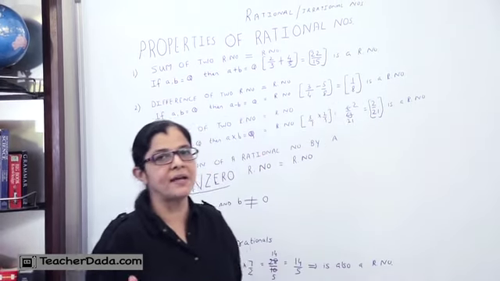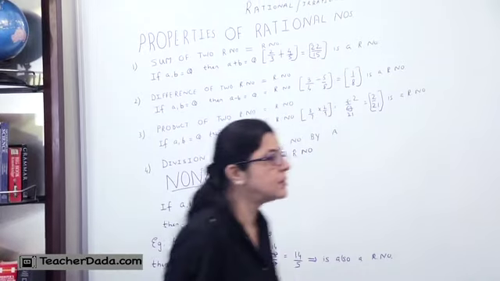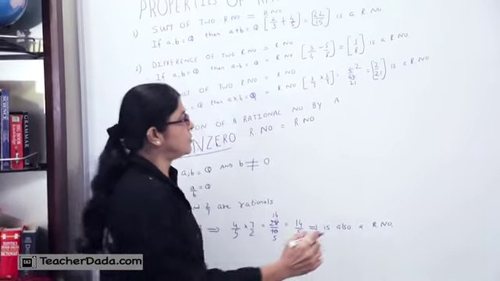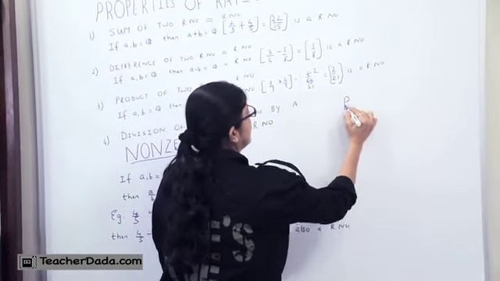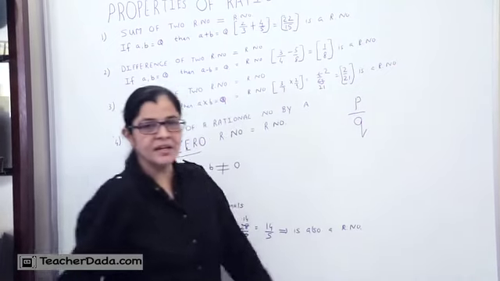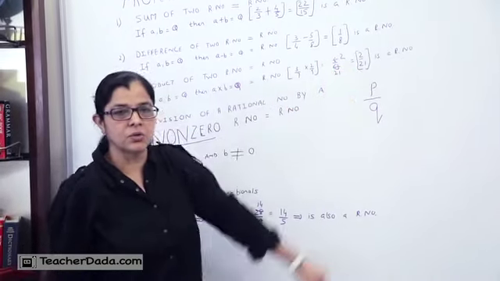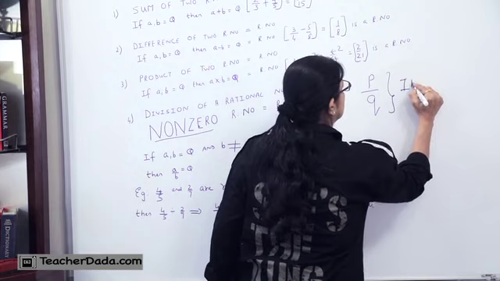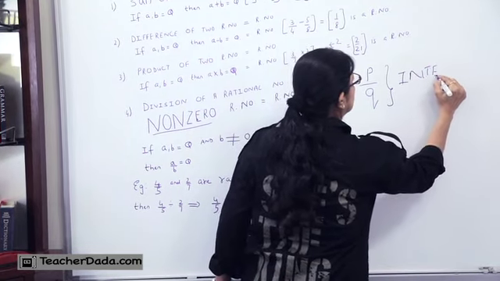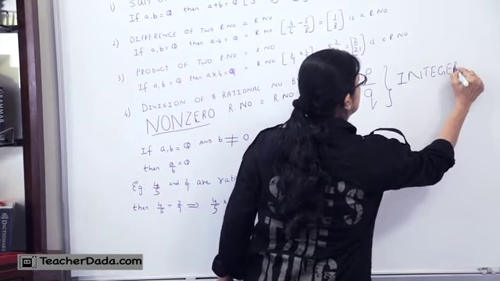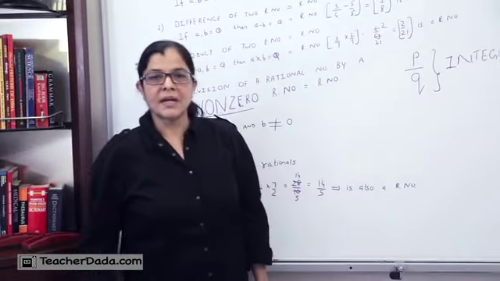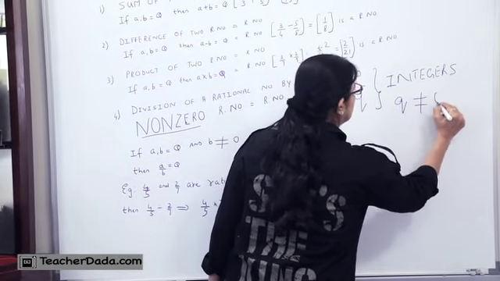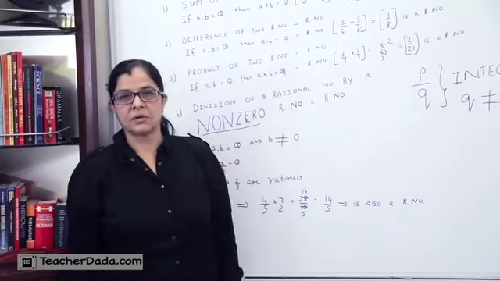Now let's see what is meant by a rational number. Any number that can be expressed in the form P upon Q, where P and Q are integers and Q is not equal to 0, is called a rational number.